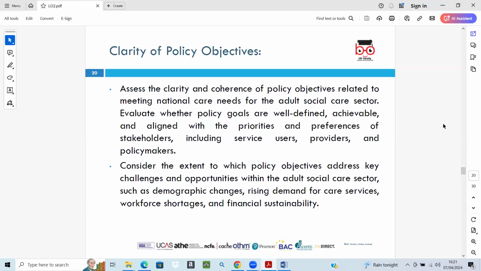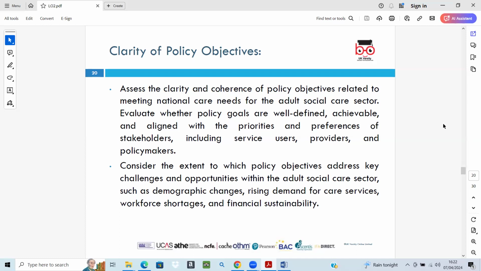Then, for example, the policy objectives address key challenges within the adult social care sector, such as demographic challenges, rising demand for care services, and workforce shortages. We need to evaluate whether the policies are responsive to these challenges and designed to address them effectively.